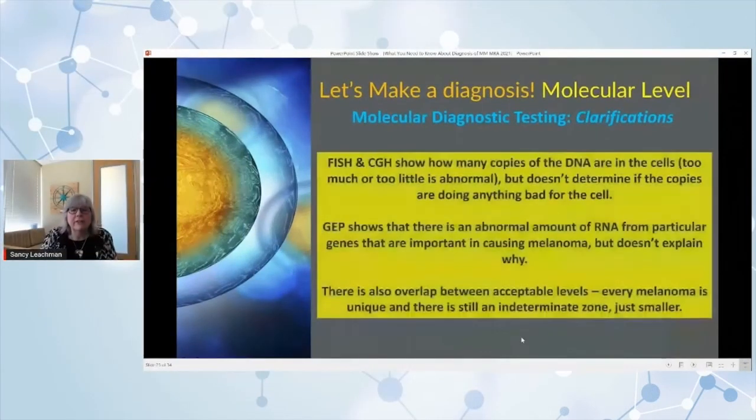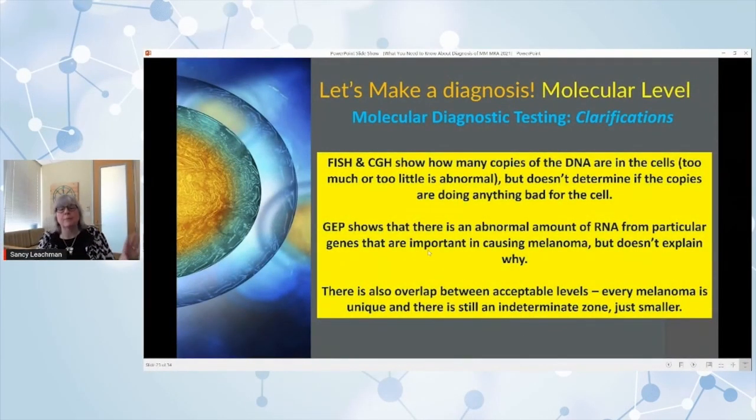One more set of clarifications, just to sum up. Let's go back. We have FISH and CGH that show how many copies of the DNA are in the cells. Too many copies or too few copies is both abnormal, but it doesn't determine if the copies are doing anything bad for the cell. It's not associated with the function of the protein, and it's not 100%.